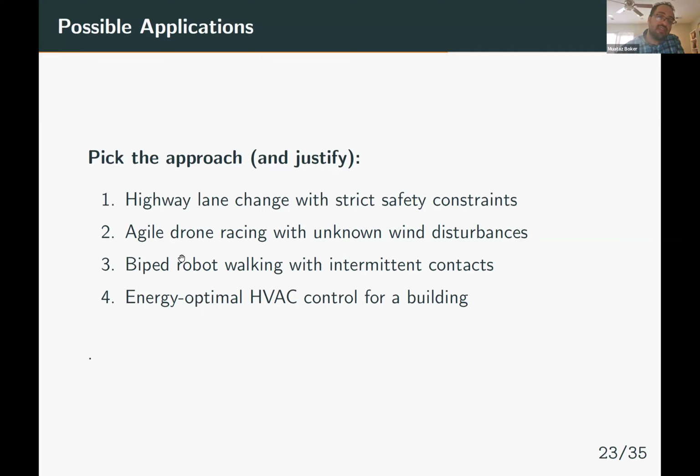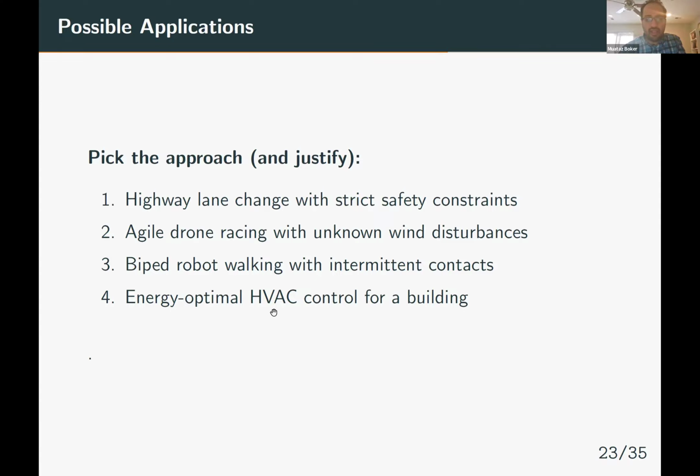So you can see the first three examples: if we have a mathematical model for any of these three, especially the first one, I would go with trajectory optimization or the optimal controller, but if not, reinforcement learning is going to be my choice.